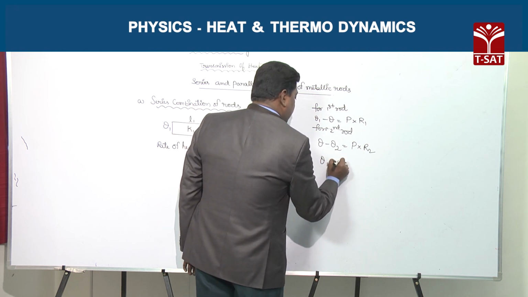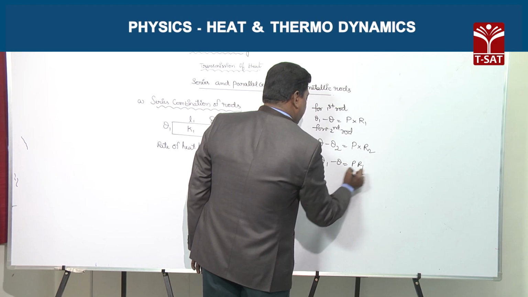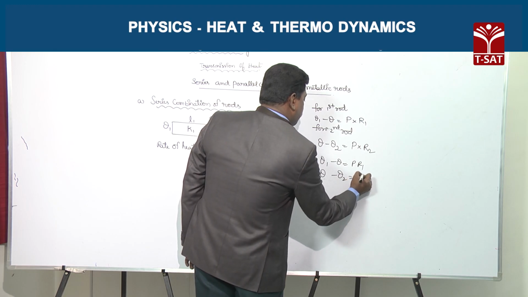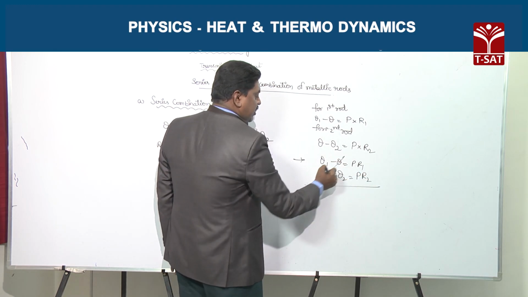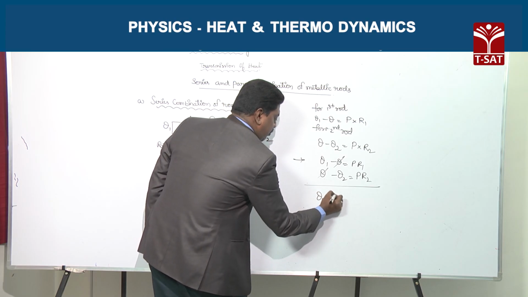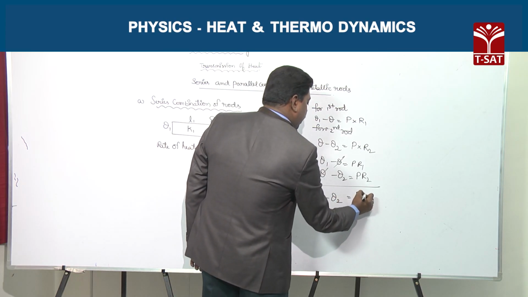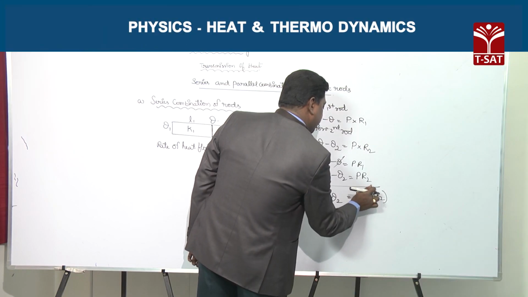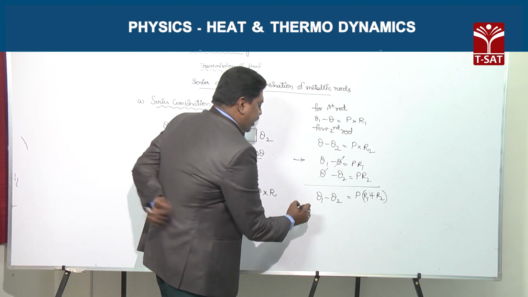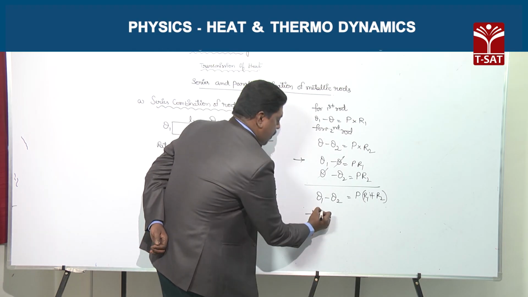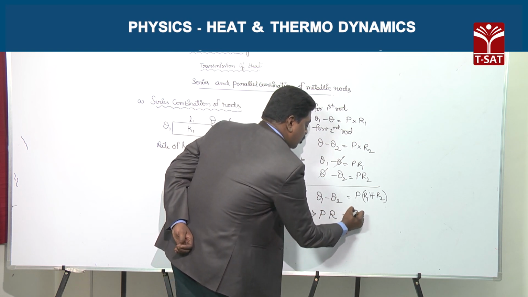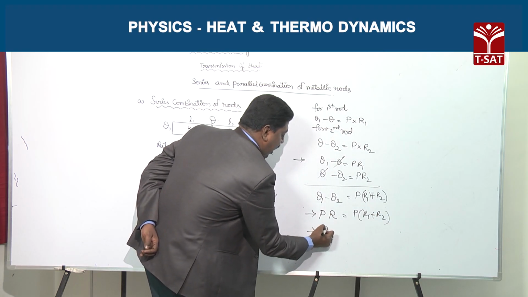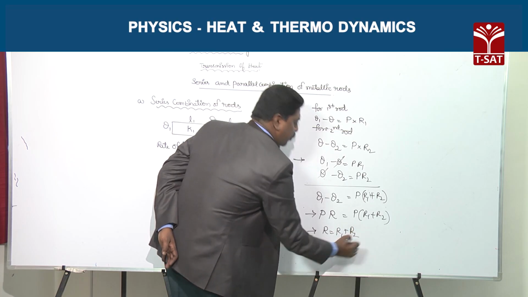Adding both the equations, theta 1 minus theta equals P R1, theta minus theta 2 equals P R2, we get theta 1 minus theta 2 equals P into (R1 plus R2), taking P common, as theta minus theta gets cancelled off. Now theta 1 minus theta 2 I can write as power into capital R. So power into R equals power into (R1 plus R2); power cancels on both sides, R equals R1 plus R2.